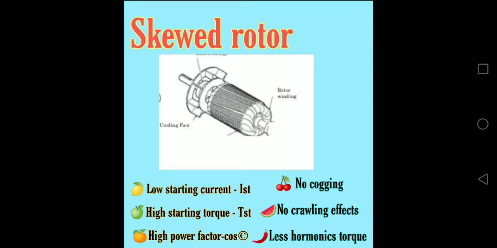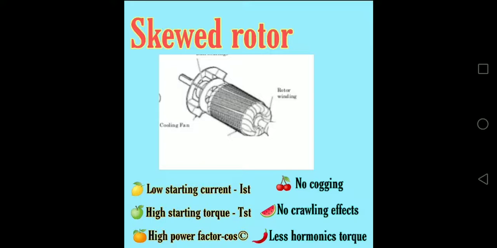So cogging means whenever the rotor and stator slots are the same, at starting the machine will refuse to start because of magnetic locking between stator slots and rotor slots.